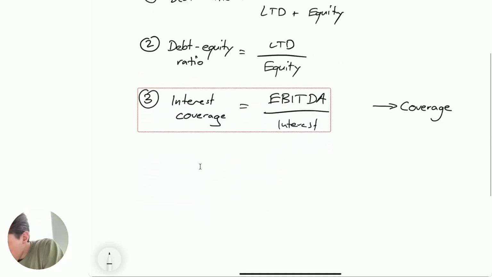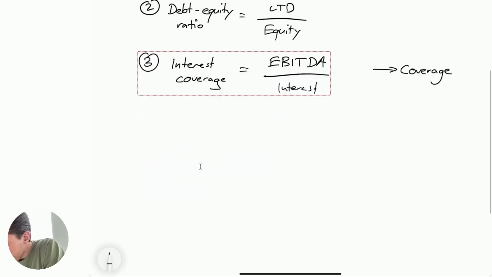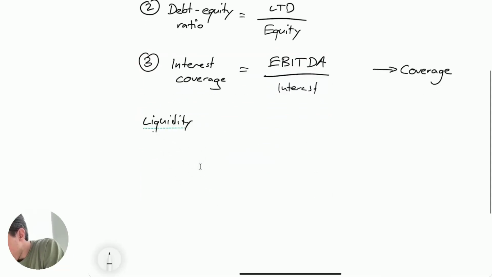Number 1, let's go to liquidity ratios. Liquidity ratios, that refers to the company's ability to satisfy its short-term obligations. Here I want to talk about 3 again.